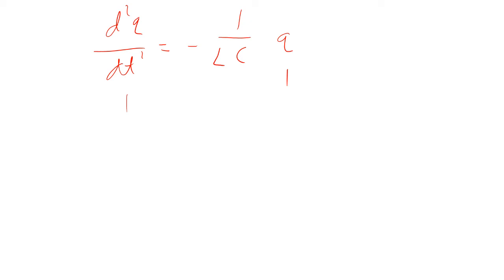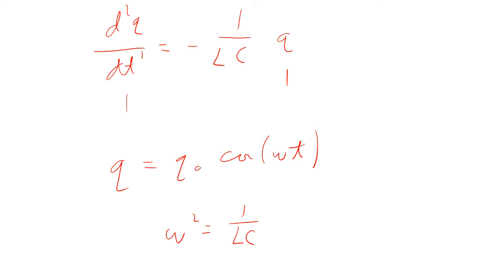So if we assume we start off with a charged capacitor, then that means it's going to be a cosine because you already have charge on it at time 0. And so we would say that the Q is going to be some Q naught times cosine omega t. Now, if you take two derivatives of that, you have omega squared that comes out. So that would mean that omega squared equals 1 over LC. So that would mean that omega equals 1 over square root LC.